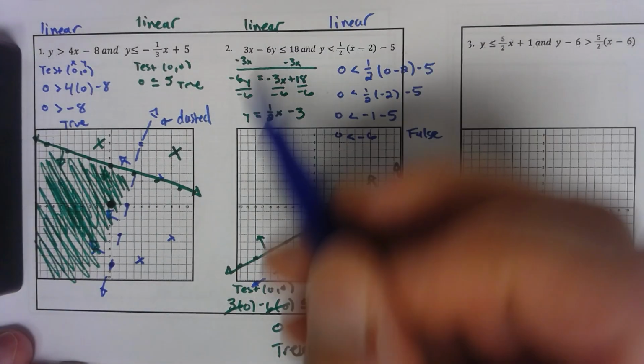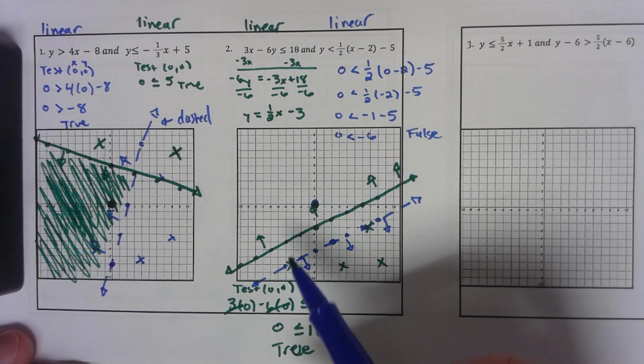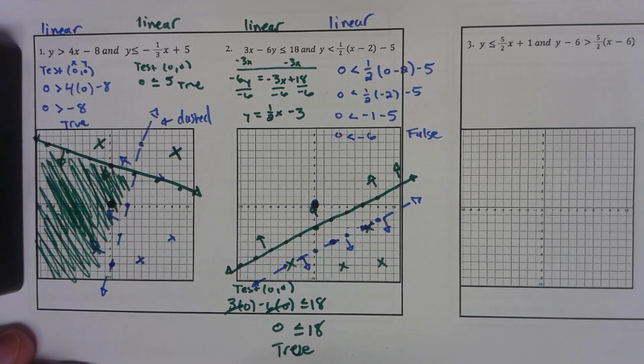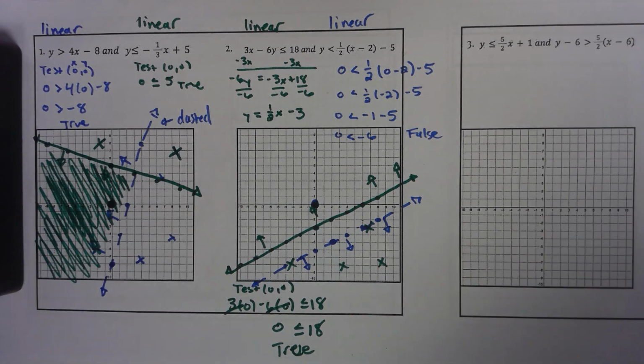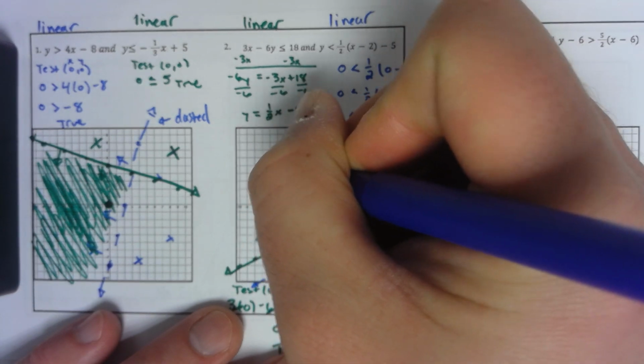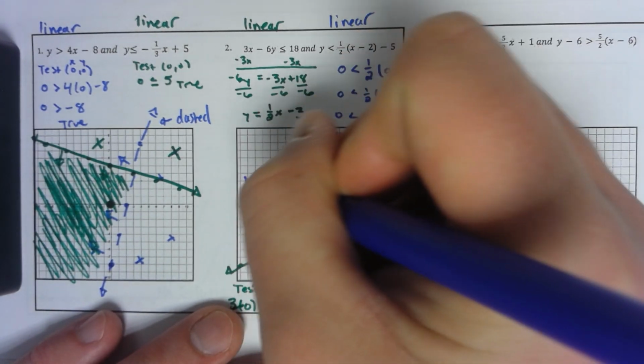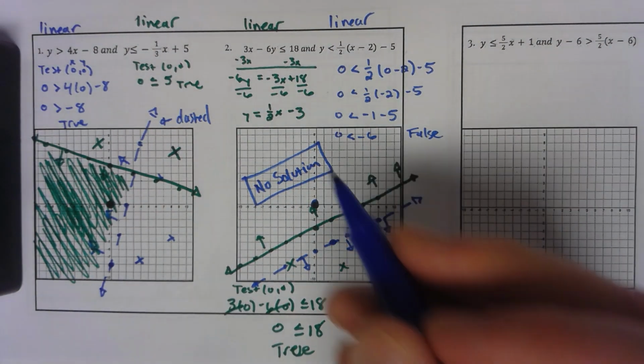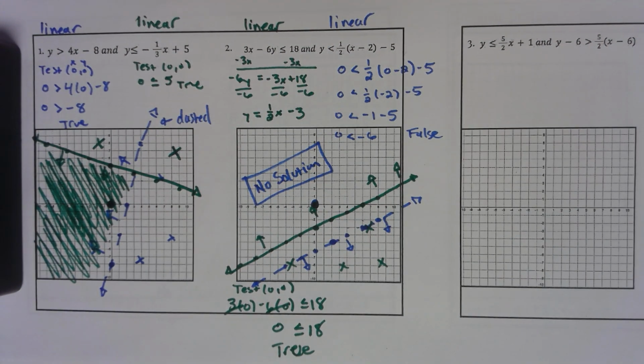So in terms of what set of points, what x and y values make both of these inequalities true, there aren't any. So in this case, to this system, there's no solutions. There's not a single x and y value that makes both of these inequalities true. And again, that's only going to happen with lines if they're parallel.